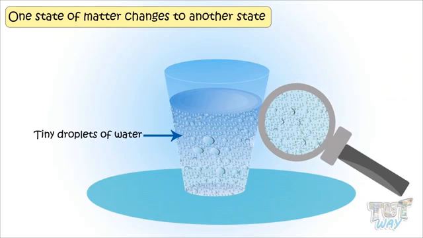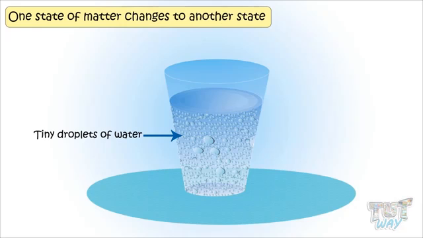There is always some water present in air in the form of gas. And when this air comes in contact with a very cold glass, the vapors in air cool down and change into water again. Now we know how gas changes into water.